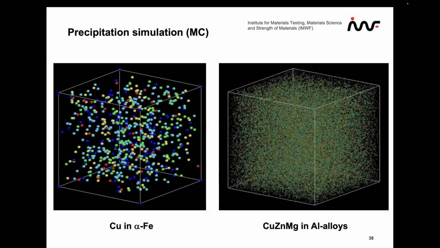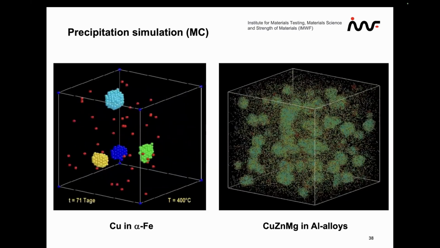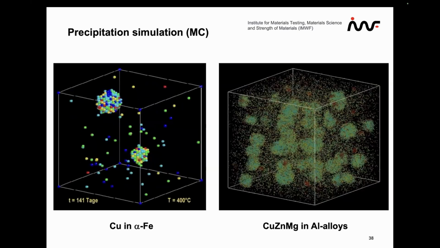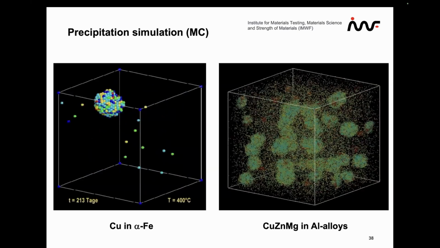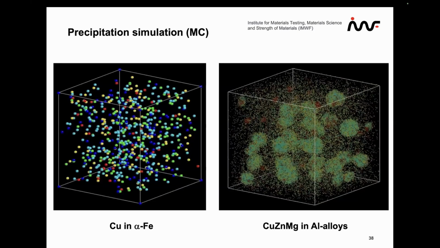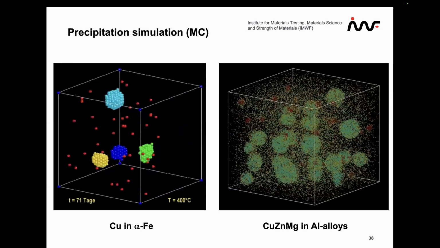Now coming back to the atomic scale and showing how this is connected, you can see here again this precipitation process with Monte Carlo simulations, copper and iron on the left-hand side, or a copper zinc magnesium alloy, precipitation in aluminum alloys.